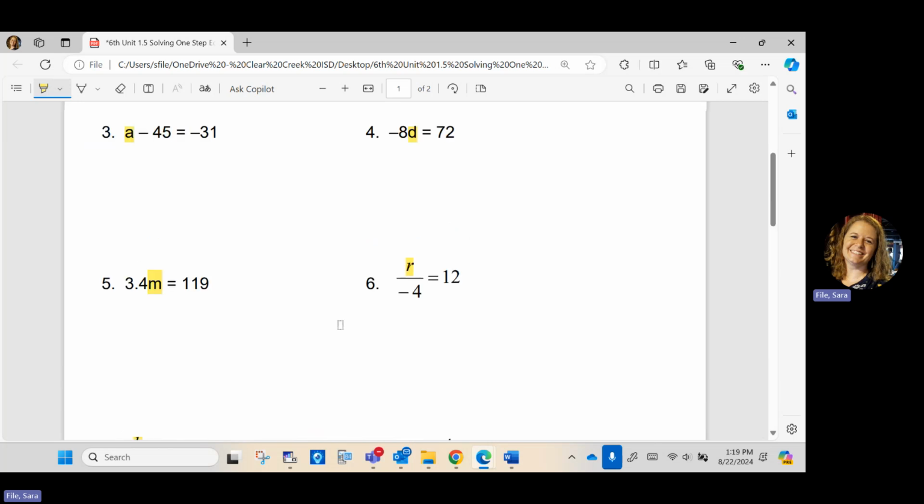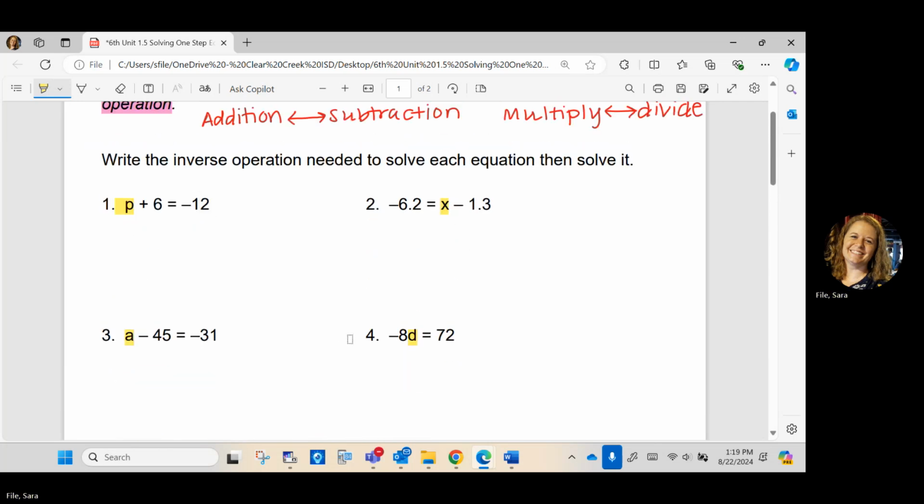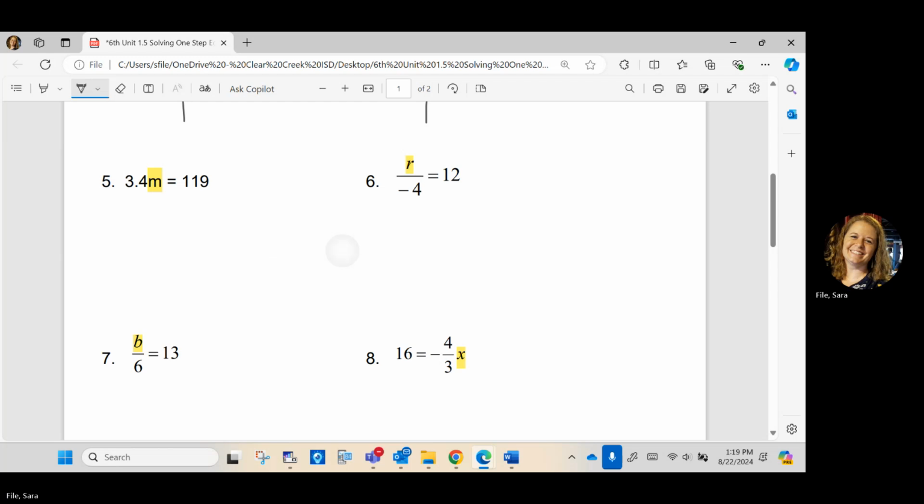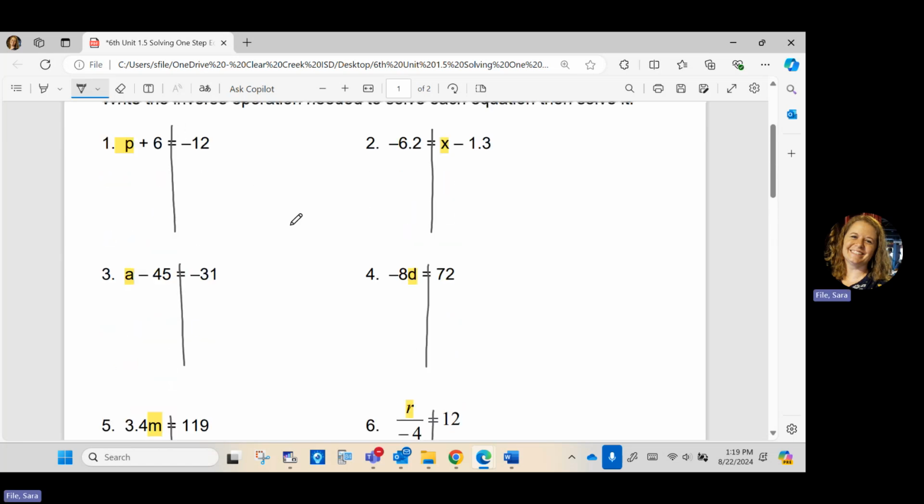So we're going to look at all those possibilities. In number 1, I'm going to separate the left and right side of my equations. I'll do that on all of these, get them all set up, ready to go.